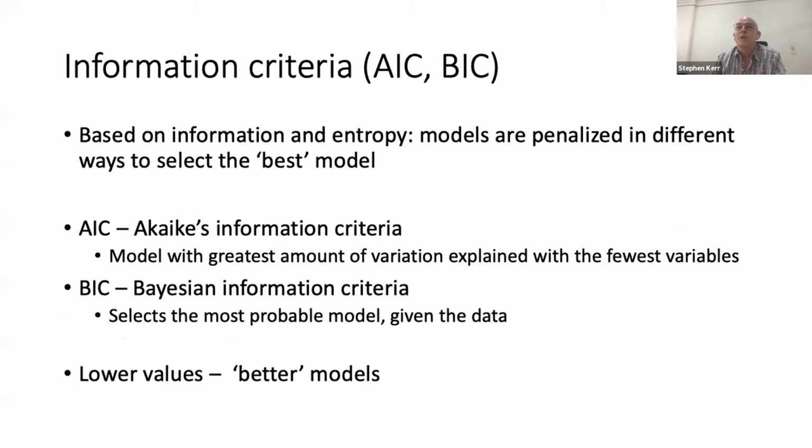And this would select the model with the greatest amount of variation explained with the fewest variables. The other one is the BIC, which is based on Bayesian probabilities, and that selects the most probable model given the data. And with both of these criteria, lower values imply that the model is a better fit.